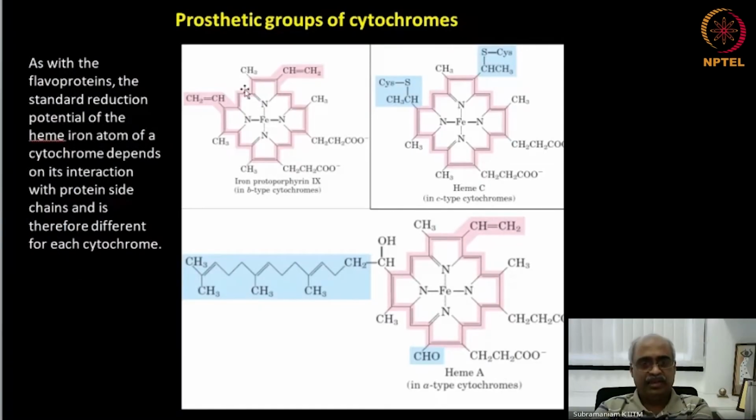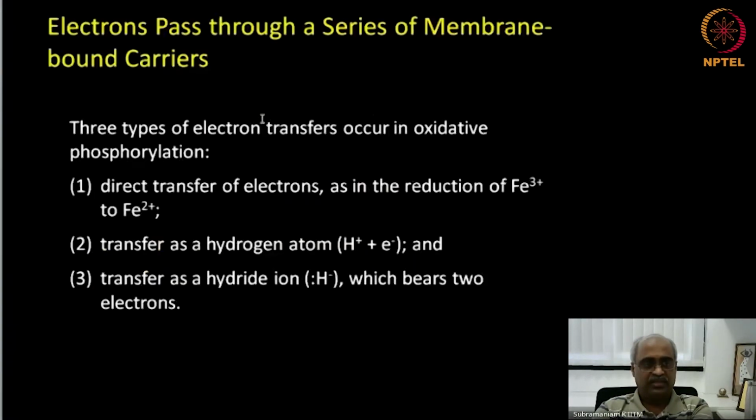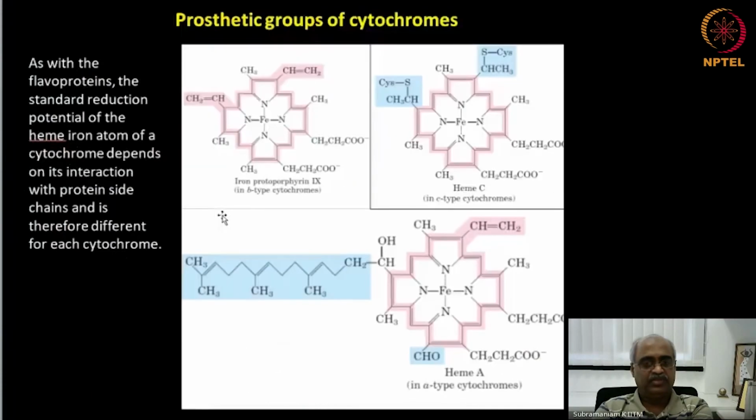The main point is that in all of them, the nitrogen atoms of the porphyrin ring coordinate an iron ion, Fe, and that is the one that is oxidized and reduced. This is what we meant by direct electron transfer from ferric to ferrous, which happens in the heme moieties in cytochromes.